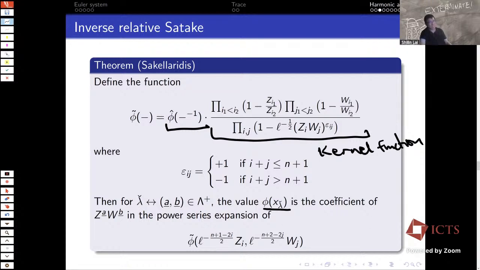All of this is just to do that in a more combinatorial way. So we get some kind of formal power series, we expand it, and as it turns out, the value of phi is just given by certain coefficients in this kernel function, modulo powers of L.